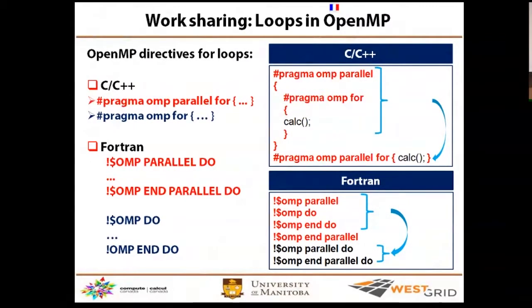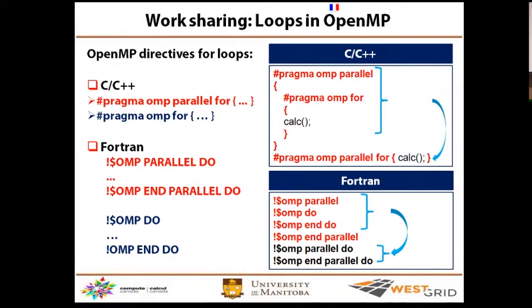So you need to create a parallel region. For example, use pragma omp parallel. Then if you have a for loop, just pragma omp for. In this particular example, there was no command between pragma omp parallel and pragma omp for, so we can combine both instructions into one.